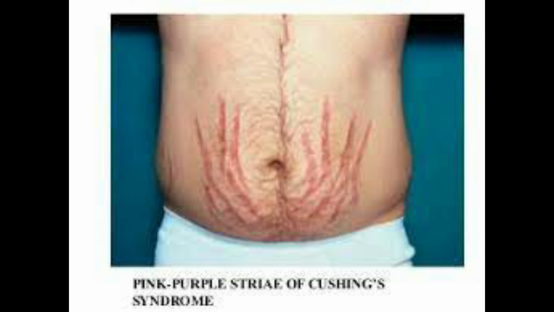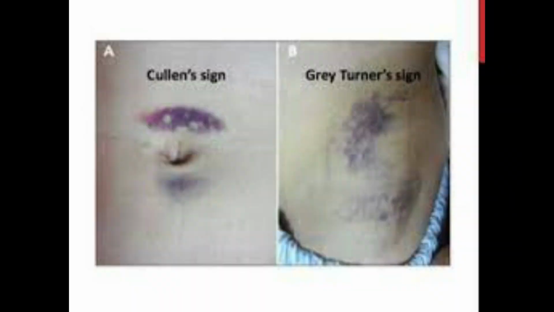In some situations, your patient may have bluish discoloration of the abdomen, especially in and around the umbilicus or in the flanks, along with severe persistent abdominal pain. It is usually due to acute pancreatitis, especially hemorrhagic pancreatitis.